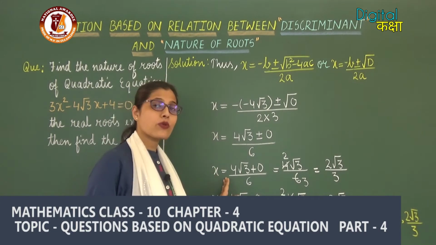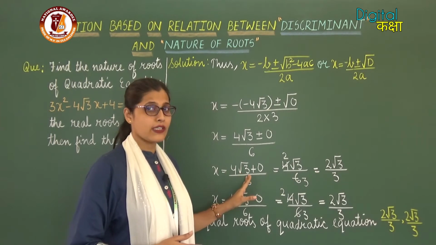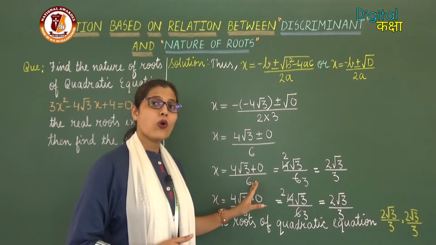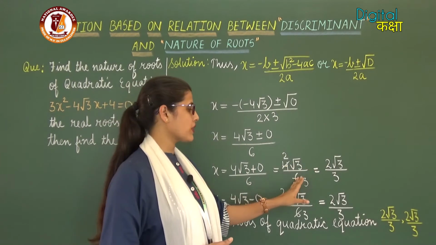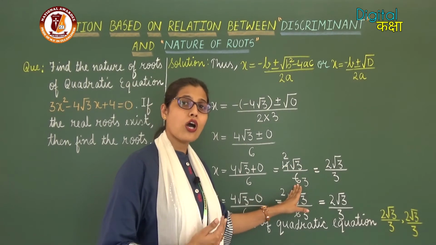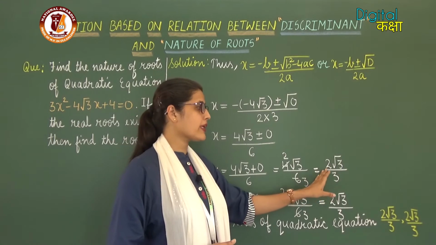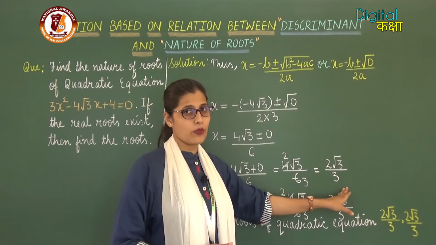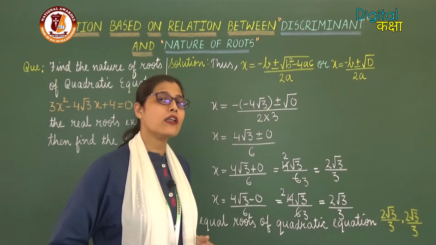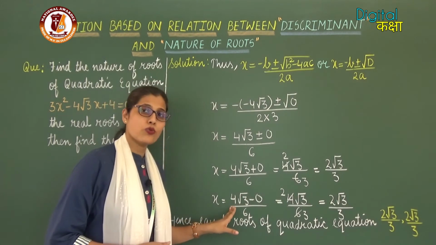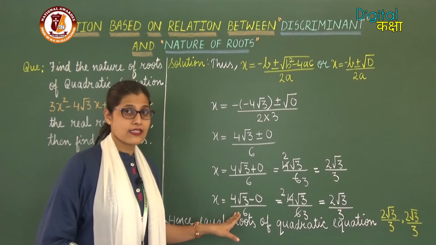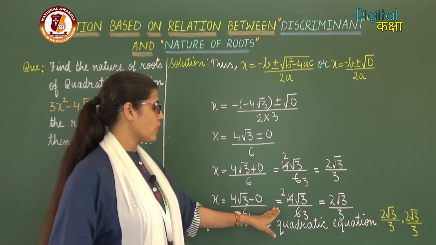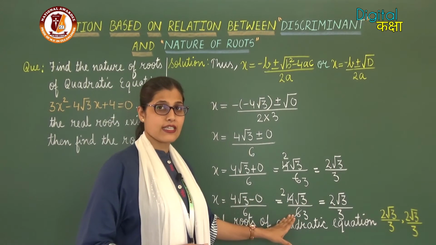So x = (4√3 + 0) / 6 will be equal to 4√3 / 6. On simplification, we will be getting 2√3 / 3. Similarly, x = (4√3 − 0) / 6 will be equal to 4√3 / 6.